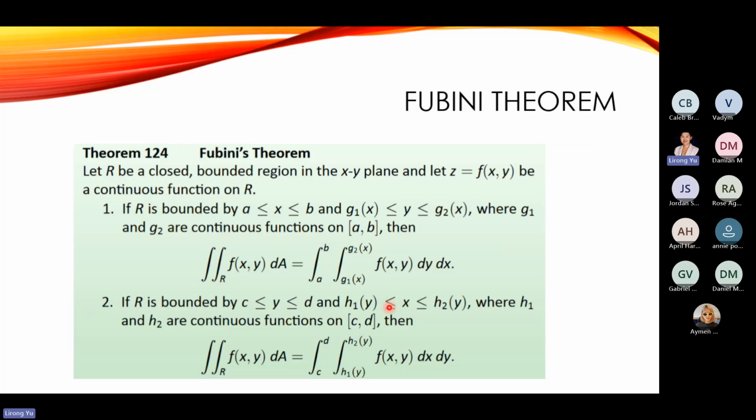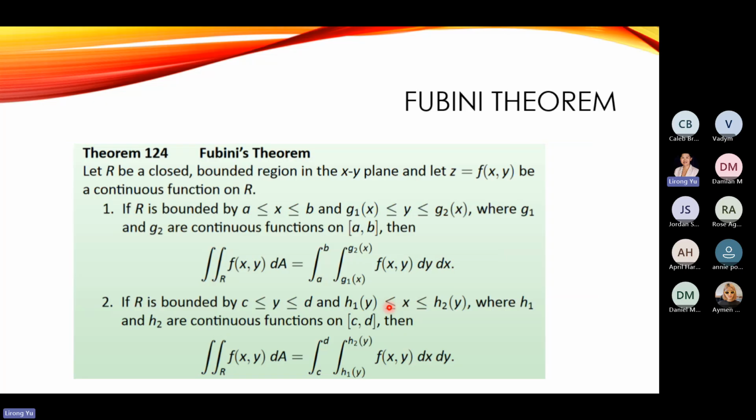Let's talk about the order of operation. We already mentioned in section 1 that dx dy or dy dx should both be okay, but it depends on what the proper boundary is for your integration region. So let's say R is a closed bounded region and f is a continuous function defined on the region R. If R is bounded by numerical limits for x, but variable limits for y, then the proper integration order will be dy dx.